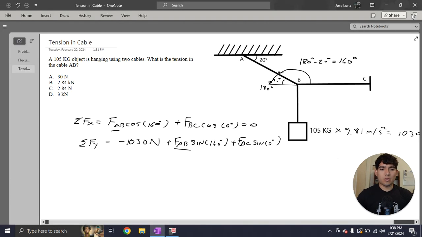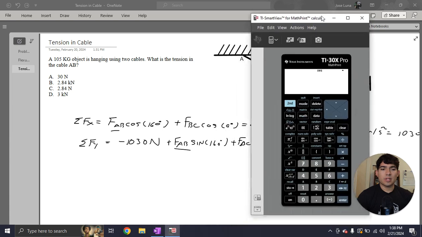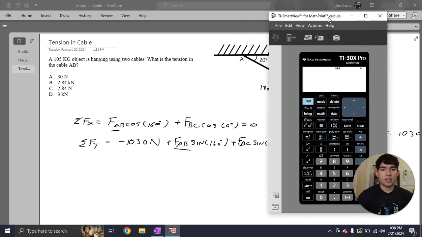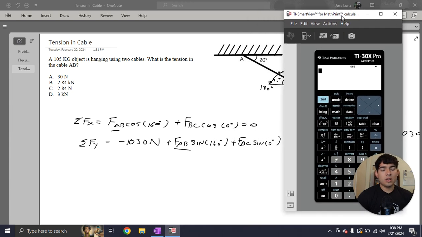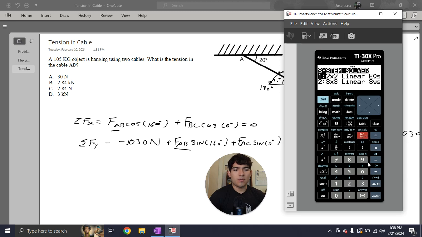This is basically like the TI-36X Pro, which is what I recommend for the exam. And the way we use this to solve for that system is we go second, we go to system solve, you go to that one, the one, and you just type in your system into the calculator.